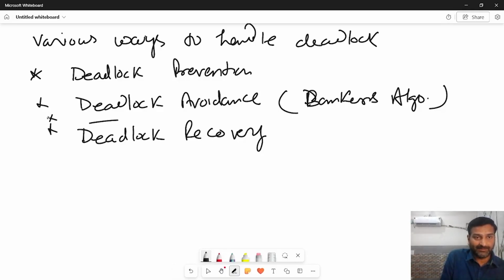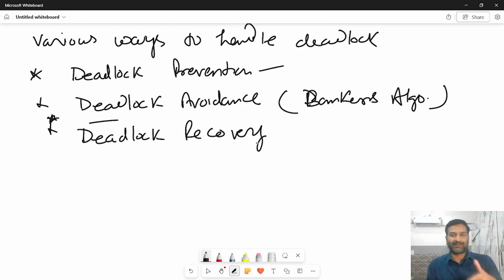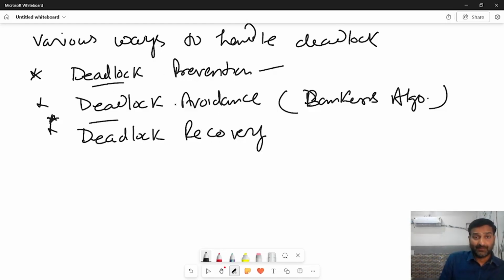In deadlock prevention, we can prevent all the situations which cause deadlock, that is, all those four conditions. We can enforce some rule so that these four deadlock conditions never occur. This is the meaning of deadlock prevention. Now we can avoid the deadlock situation.